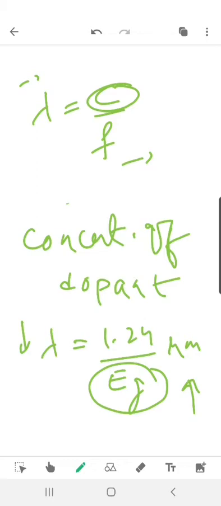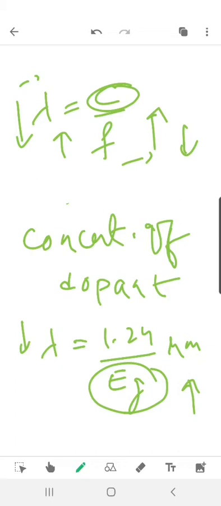If frequency is high, that means the wavelength of light will be small. If frequency is small, the wavelength will be high, because the speed of light C is constant. It is 3 into 10 to the power 8 meter per second, so our relation between lambda and frequency is inverse.